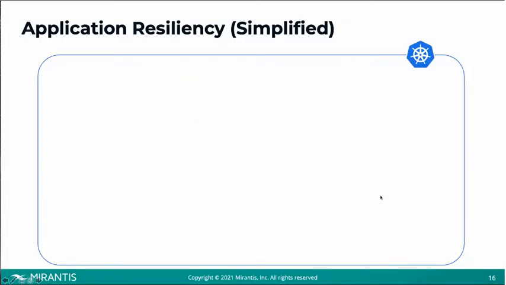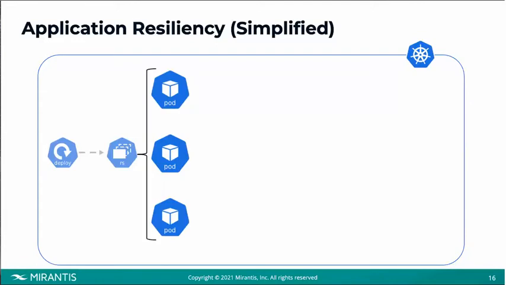So there's a question about network resiliency that should also be considered when you're thinking about your application. Here it's a similar diagram to what we just saw, but now you have another pod, perhaps being managed by another deployment object somewhere else in your cluster, that needs to be able to access the application running in these pods.